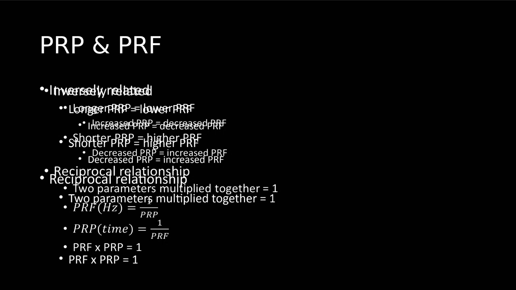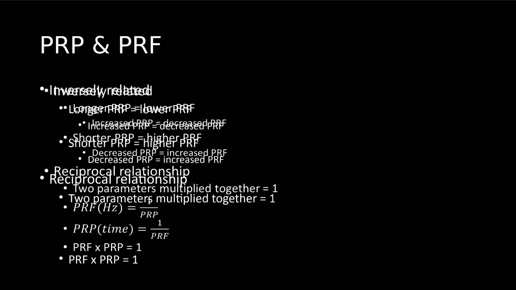Now, when we have an increased PRP, that means we are also going to have a decreased PRF, as I just said. When you have a shorter PRP, the amount of time that it takes is less, you can send in more pulses into the body. So you're going to have a higher PRF. The two of them on a mathematical level have a reciprocal relationship.